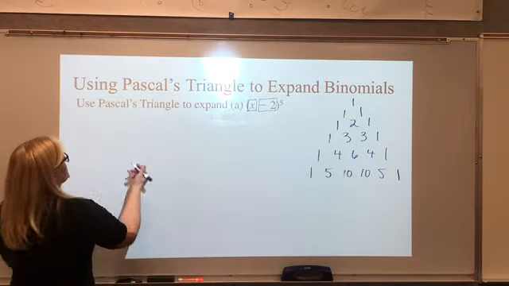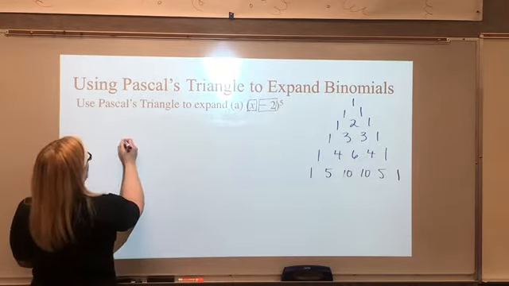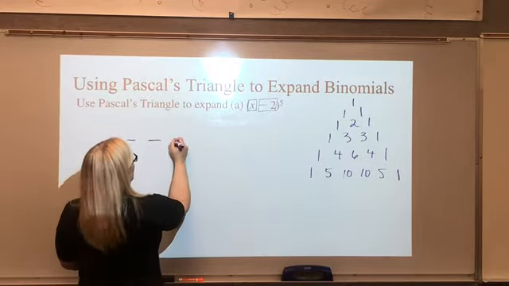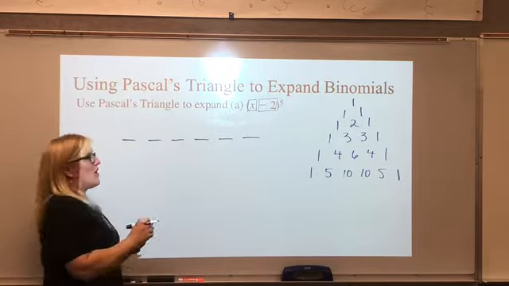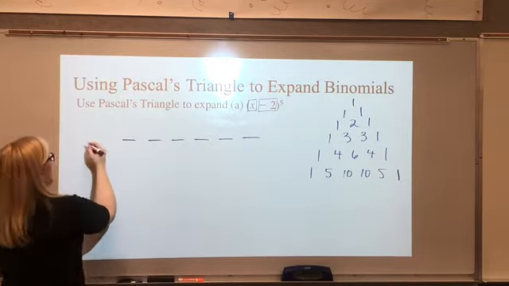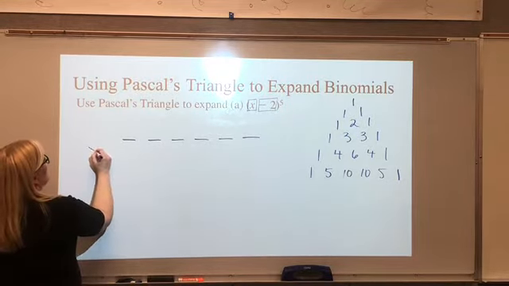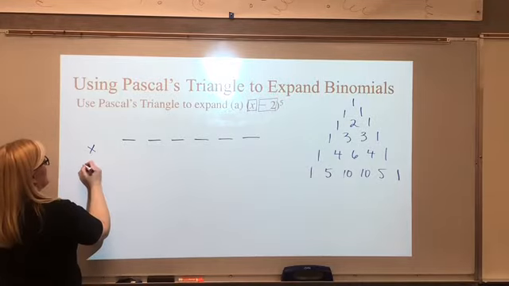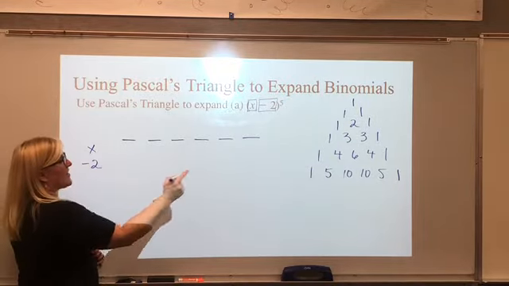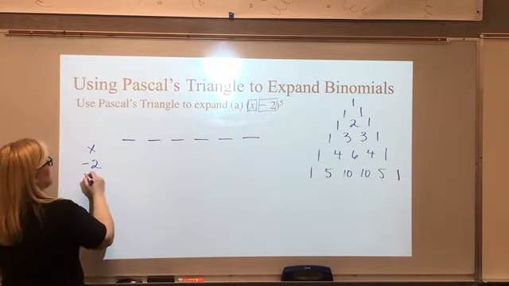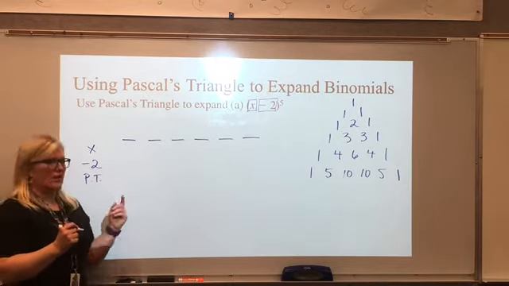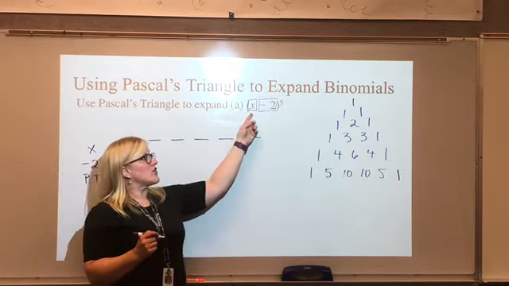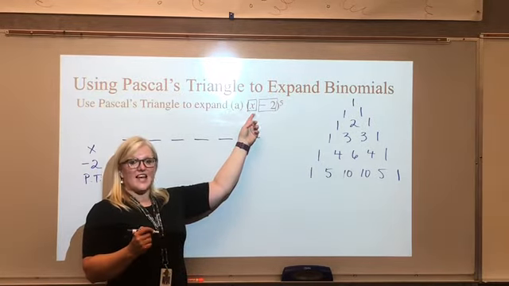So I'm going to give myself my 6 terms here. And there are 3 different things. There's your x part, there's the -2 part, and then there is your Pascal's, I'll say PT, the Pascal's triangle part.